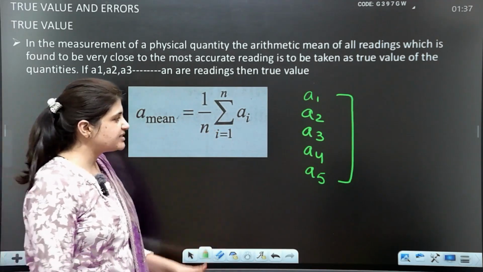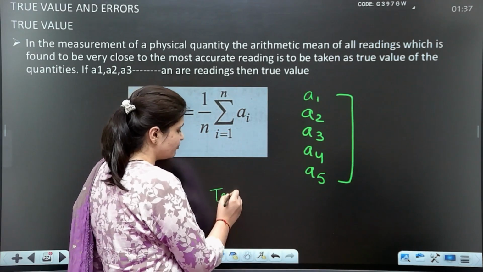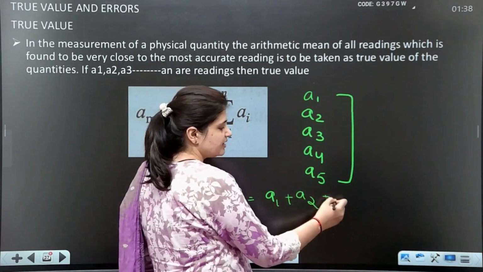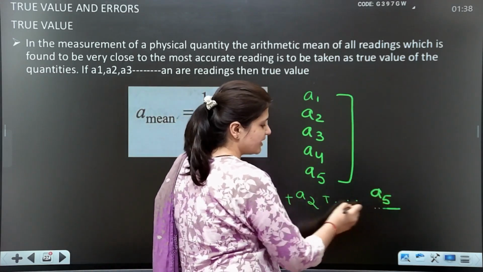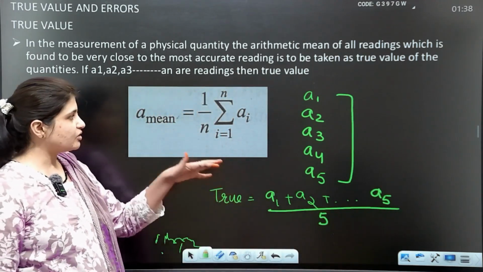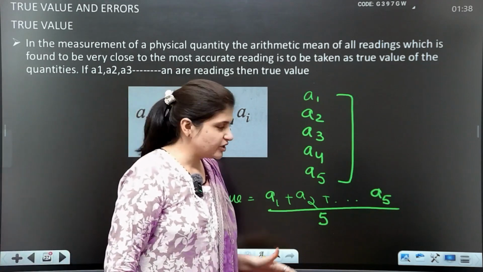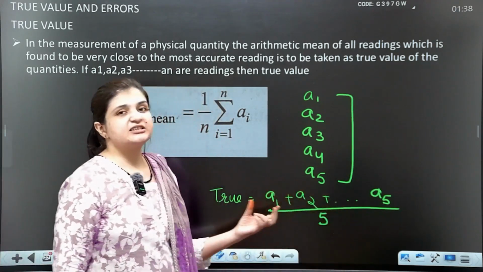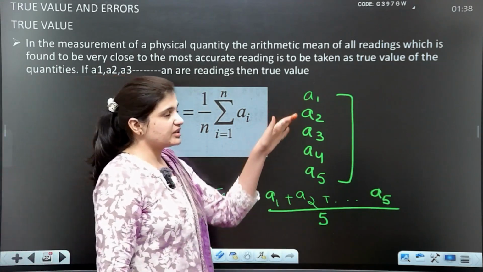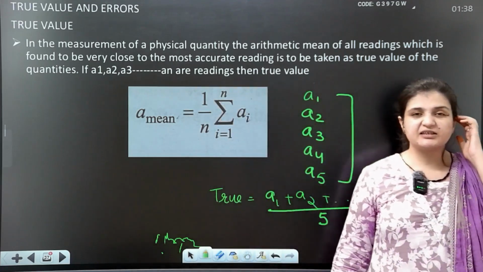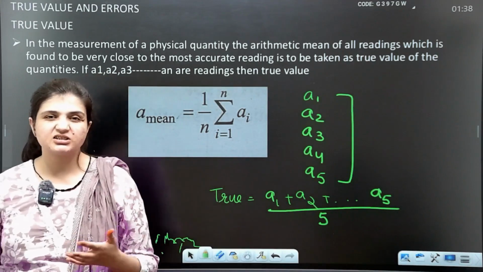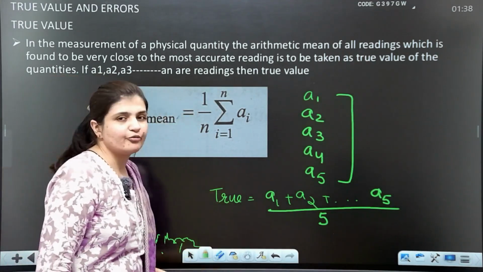True value is the average of these values: A1 plus A2 till A5 divided by 5. This average value is called the true value. So if a wire is given and 5 measurements of its length are given, the mean value is the average value we will consider as the true value.